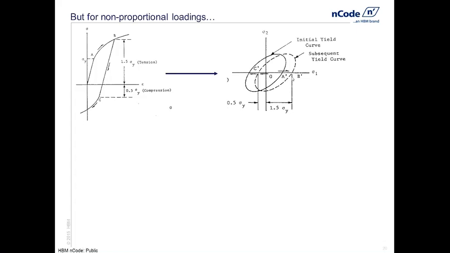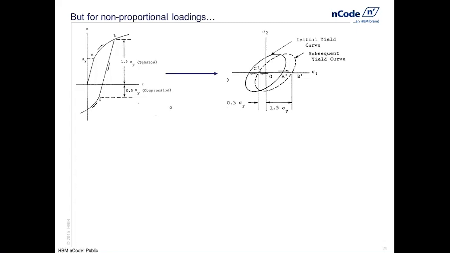This is called kinematic hardening, and it predicts the Bauschinger effect, because when we drag the yield surface to the right, what we've done is increased the tensile yield, but reduced the compressive yield. So kinematic hardening actually predicts the Bauschinger effect.